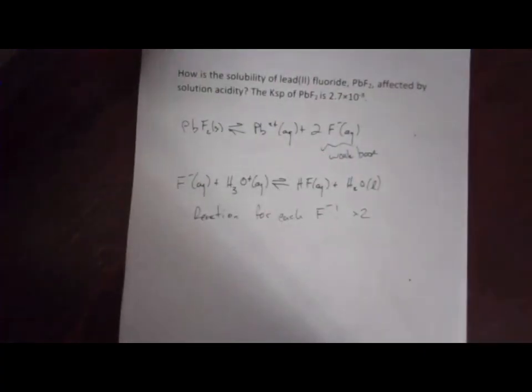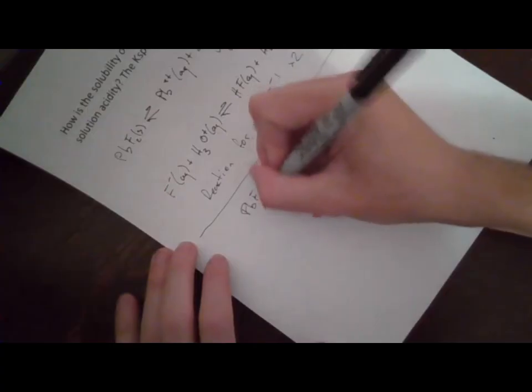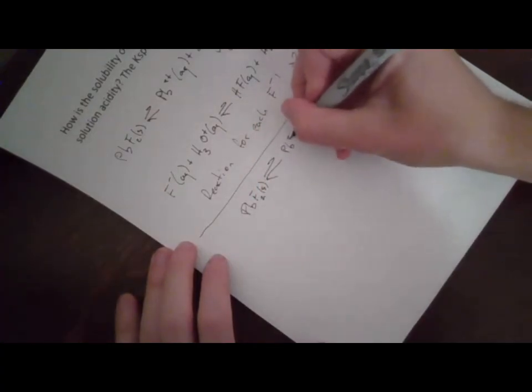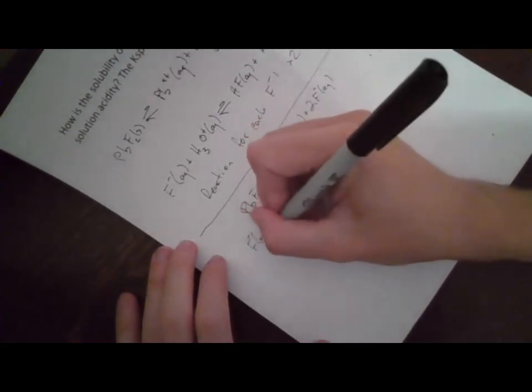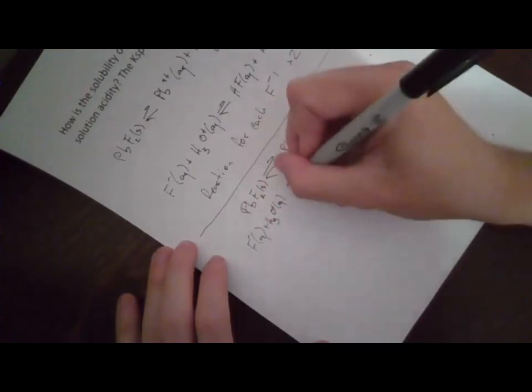So we can think about the overall chemistry that happens when we dissolve. We can put it all together to see what goes on when you dissolve lead-2 fluoride in an acidic solution. We know the lead fluoride is going to dissolve. You're going to get the Pb2+ aqueous plus the 2 fluorides. We know then that one of those fluorides is going to react with a hydronium, or acidic solution.